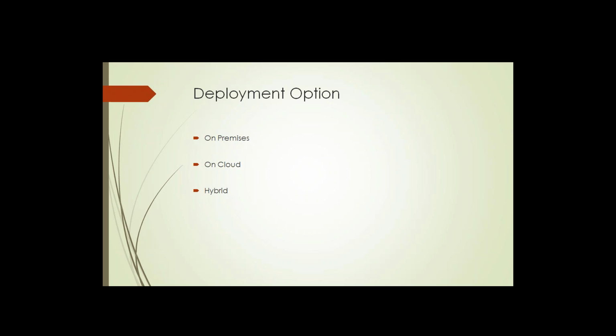For on-cloud, you don't need to incur much expense, but you don't have complete control, which means you need to rely on the third party to do each and everything. So you need to explain these pros and cons to your customer and let them decide which particular deployment approach they want to go for.